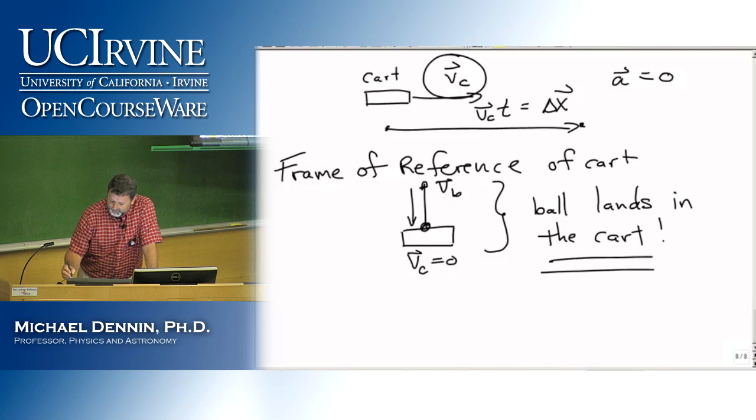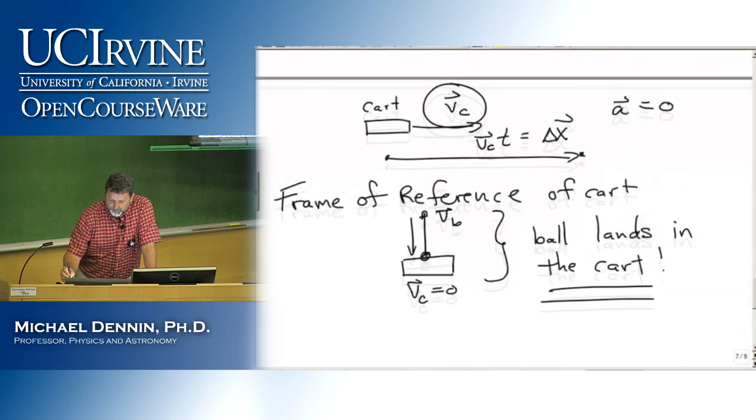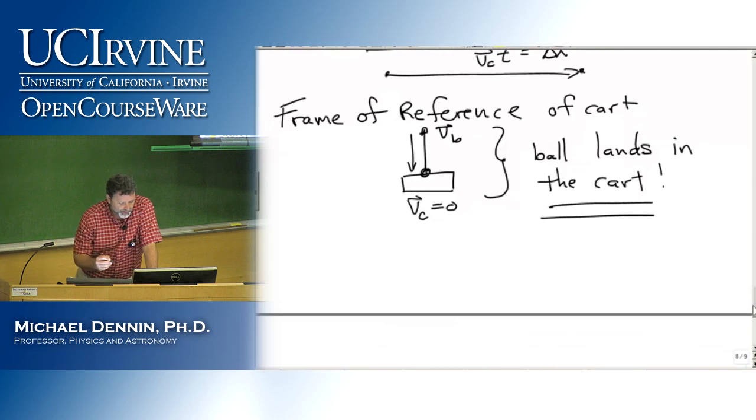So what does that mean? Let's look at it from our frame of reference. In our frame of reference, the velocity of the ball is at some angle. So it has velocity of the ball times time. It has 1/2 gt squared.